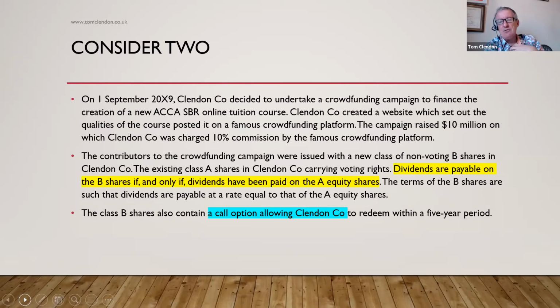But I am allowed to, if I want to call them back, but I don't have to call them back. So I am under no obligation to redeem these shares. So we've established there's no obligation to pay a dividend. We've established there's no obligation to pay the money back. Are these shares debt or equity?